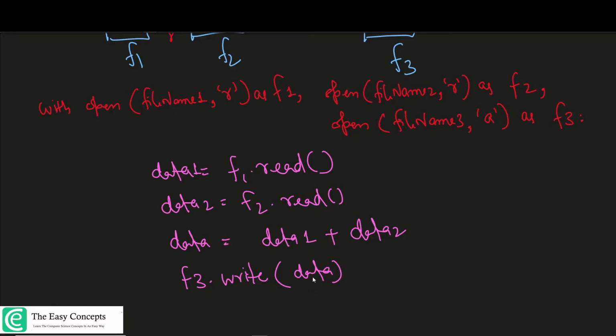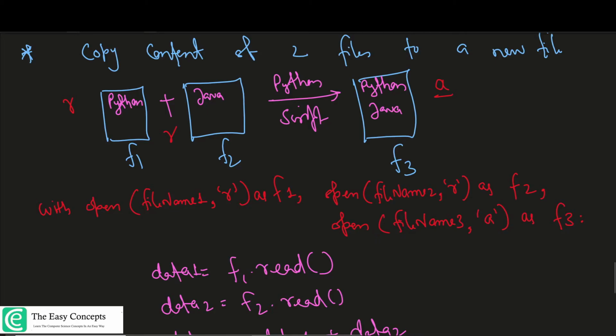So in this case we actually don't need the append mode, because we are writing it in a single line. So just make it w only and here w only.